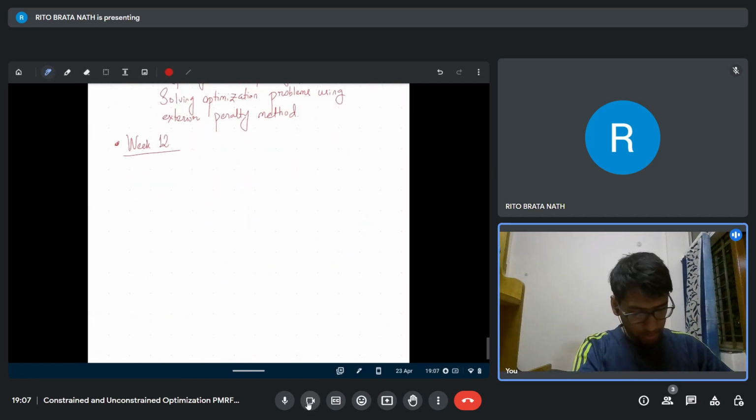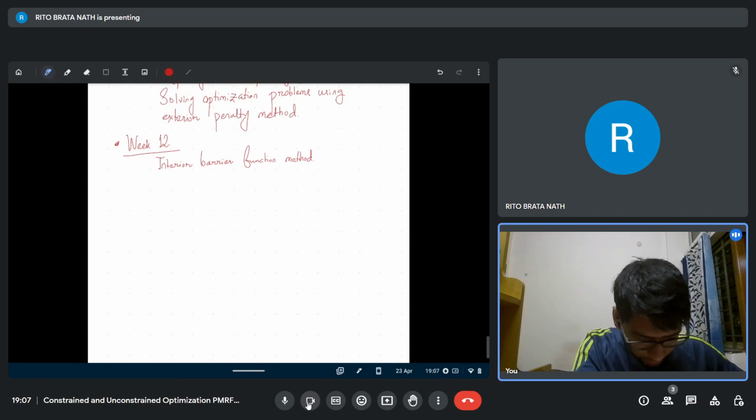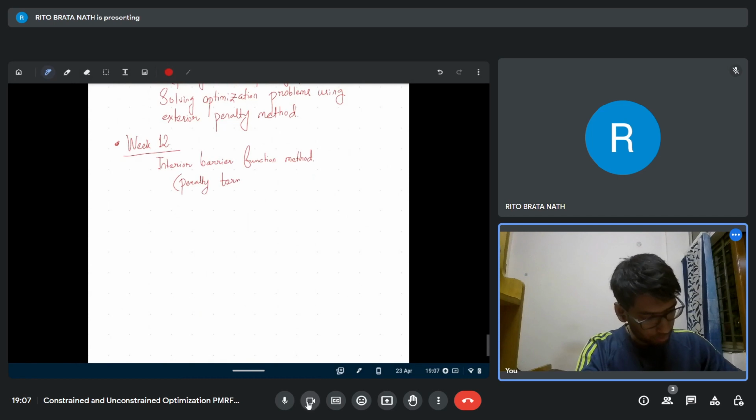So in week 12, what we discussed was the interior barrier function method, right? This was the discussion, with both penalty terms and penalty parameters.